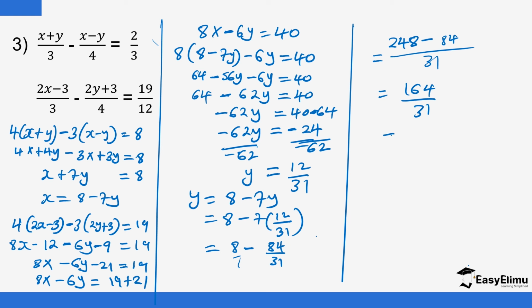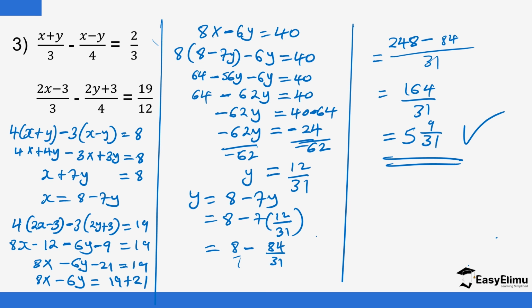Over 31. So you have to change it to a mixed number. So 164 divided by 31, that should be 5. So the remainder: 31 times 5 is 155. You subtract from 164, should be 9 over 31.